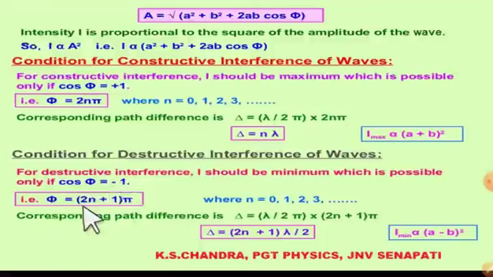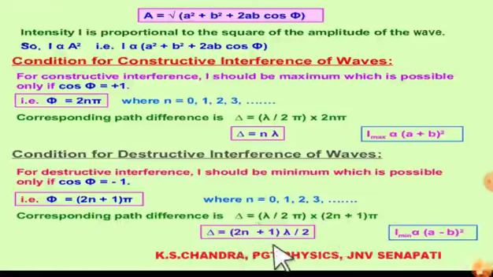Cosine of phi, as we have done, for the destructive case, your phase difference would be an odd multiple of pi, where n is equal to 0, 1, 2, 3, and so on. And the path difference will be, as we did in that case, you put pi here, that means an odd multiple of pi, then it will be an odd multiple of lambda by 2.